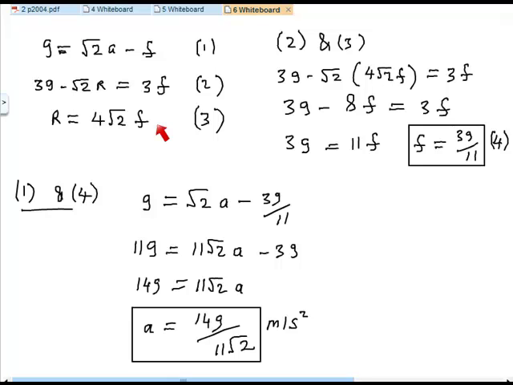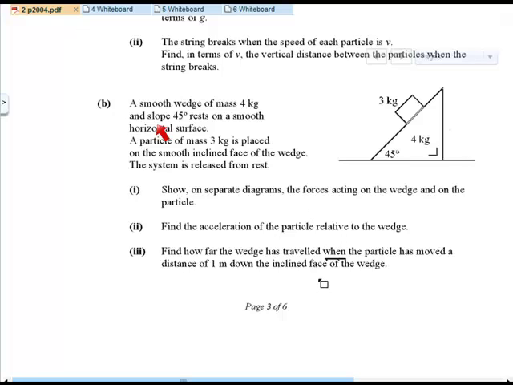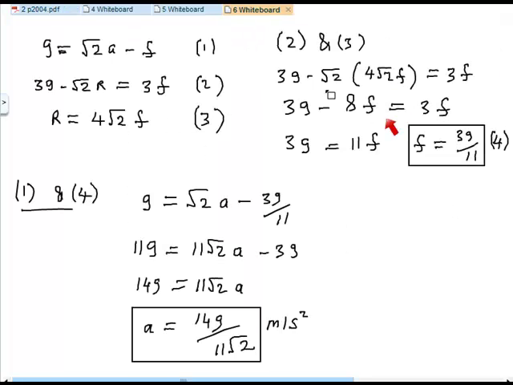Now the last part of the question, part 3. Find how far the wedge has travelled when the particle has moved a distance of 1 meter. So now it reduces to a linear motion question, because we start from rest, we're starting at 0, so that's our u value, and we've also worked out the acceleration a, and we have a distance of 1 meter, so we can summarize all that information.